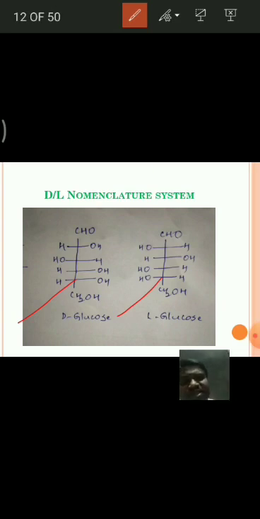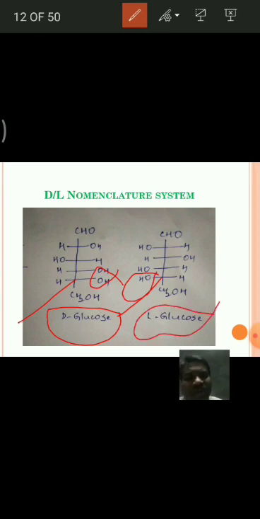The OH is at the right side in this molecule, hence it is configured as D-glucose, while the OH is at the left side here, hence it is configured as L-glucose. I think you have understood this DL configuration.